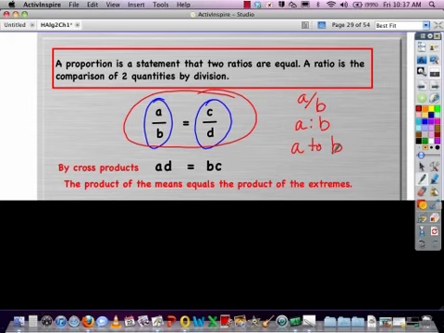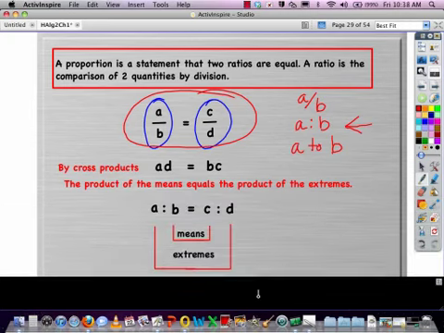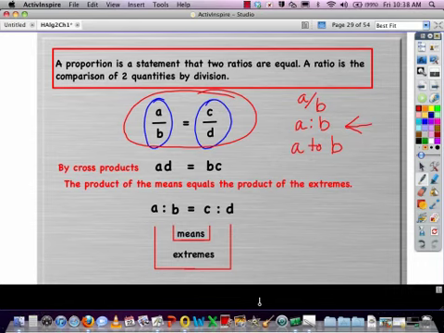But the olden way, the colon method was most popular. Now we tend to use the fraction form a little more. So where did this means and extremes come from? If we wrote this same proportion, A is to B as C is to D, in colon form, it would be A colon B equals C colon D. And if you compare and look at the middle terms of that proportion, those are the means.